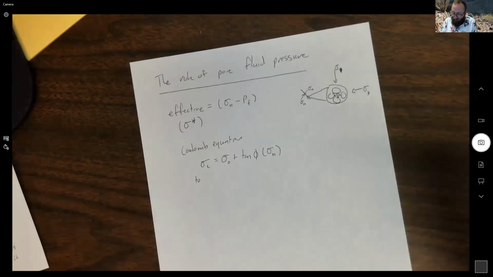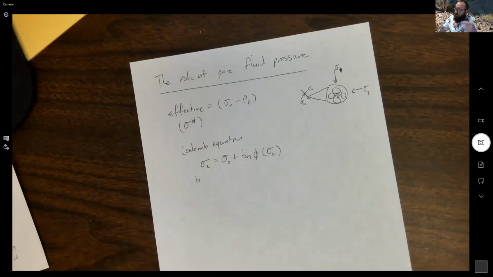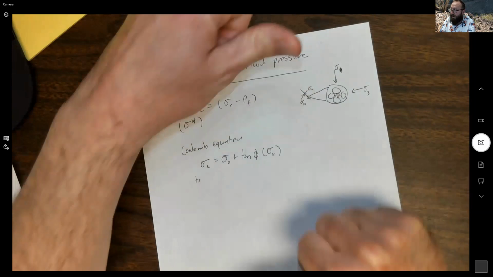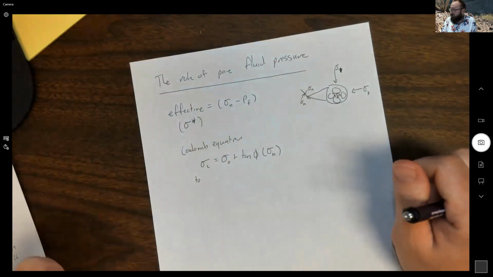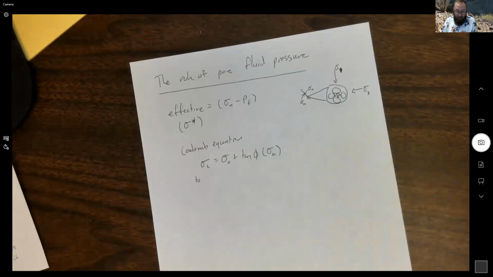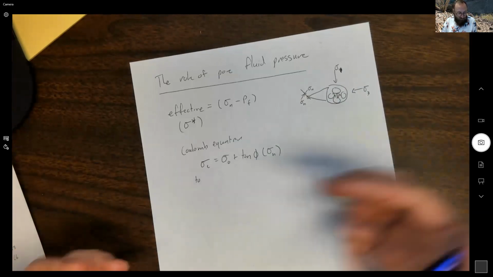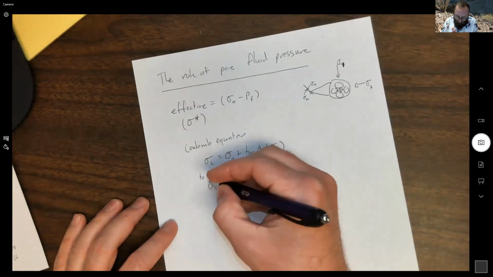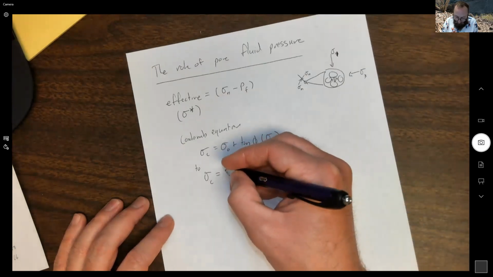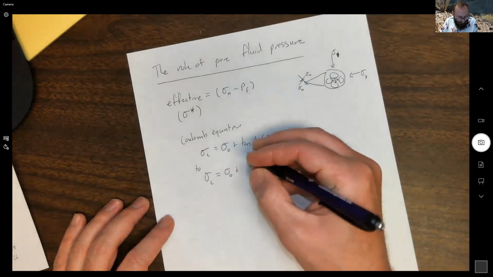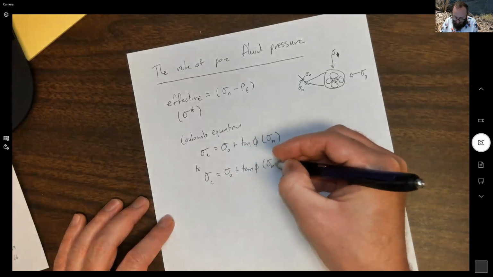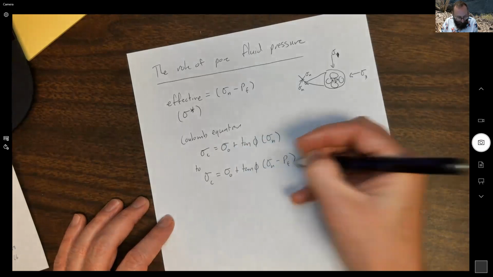Sigma 1 and sigma 3 are pushing in these directions, and pore fluid pressure is pushing back against them. Because we're playing with vectors, we have to account for that vector math and how that affects the total magnitudes of stress. So we modify our equation to account for pore fluid pressure as sigma C equals the cohesive strength plus tan phi times sigma n minus pore fluid pressure.